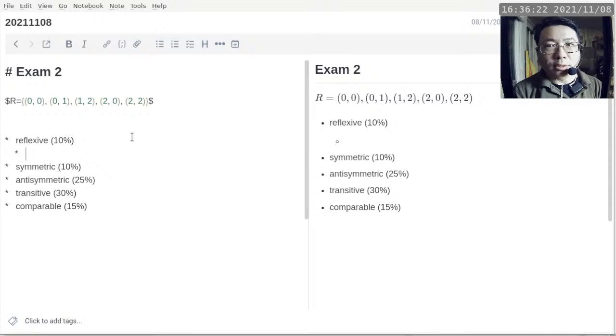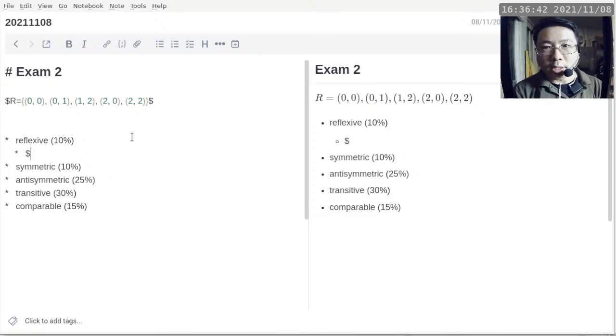So if your explanation does not refer back to the quantified definition of the property, then you're not going to get your full points. All right, so to restate, since I have all the time in the world, I'm going to restate, but you can copy and paste from the notes directly.